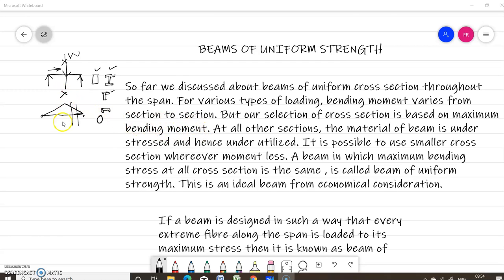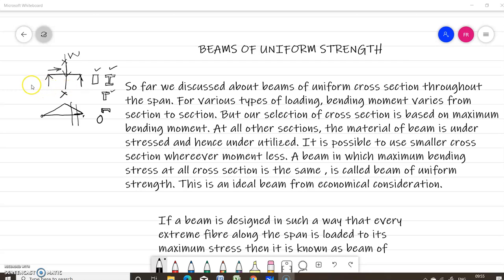Here the bending moment is maximum only at the center of the span. At all other sections, the material of the beam is understressed and hence underutilized. So it is possible to use smaller cross sections wherever the bending moment is less. For example, the bending moment reduces from maximum to zero at the supports.